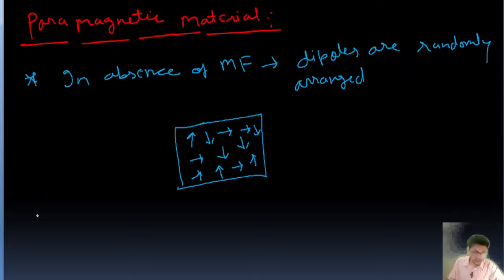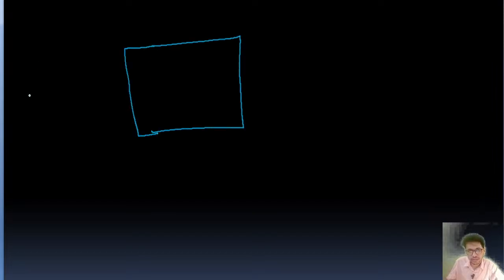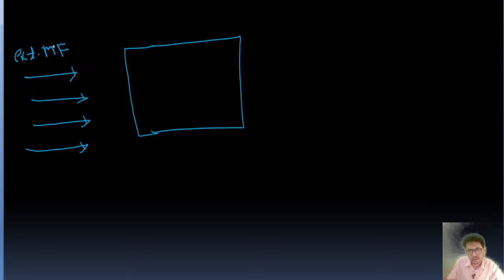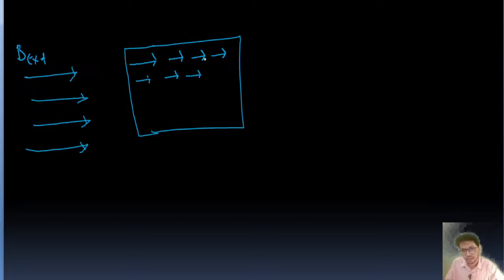Now in the presence of an external magnetic field, the dipoles are arranged in the same direction as the external magnetic field.